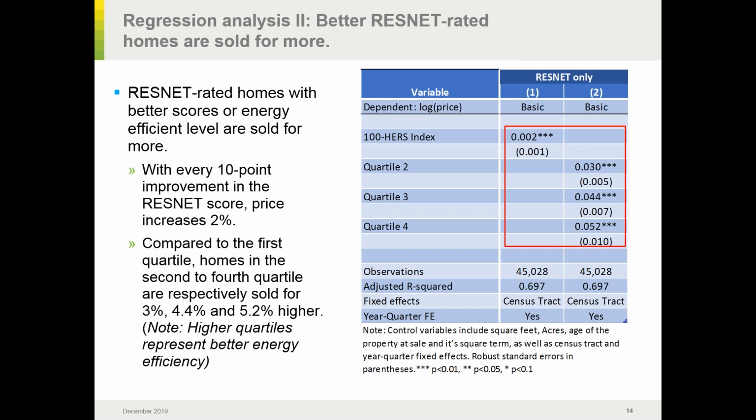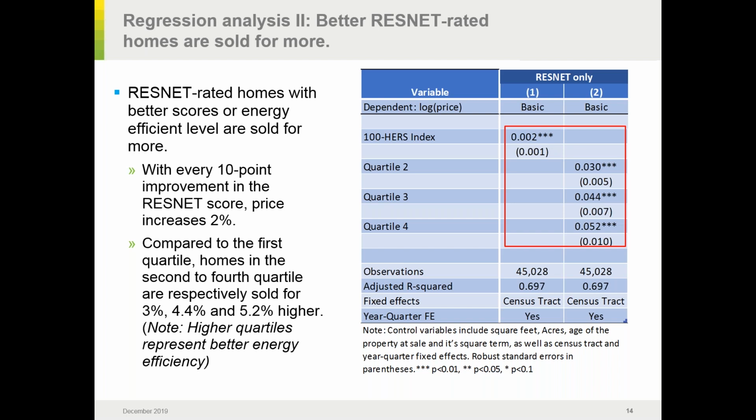What we do in this analysis is we restrict it to only the homes that have the RESNET rating, the HERS index rating, and we compare what those actual values are to see if better ratings are associated with higher prices.